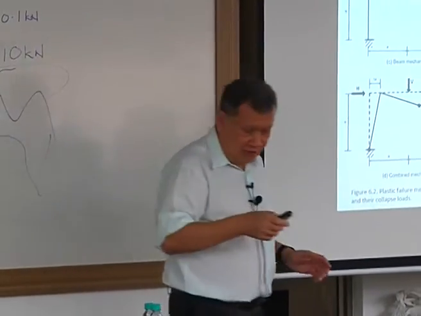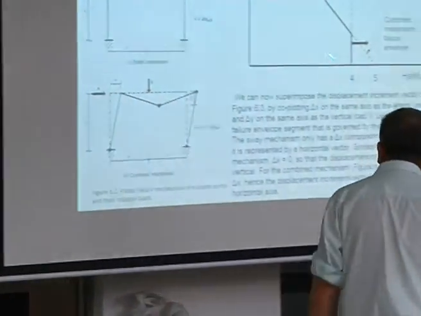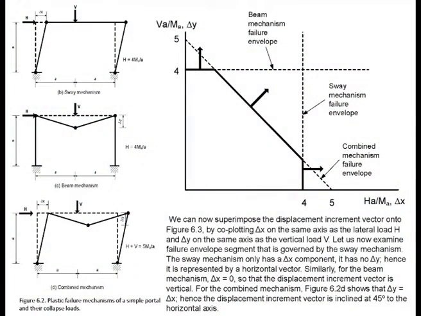interesting thing to note is this: the deformation vector is always perpendicular to the failure envelope. Do you see that? So in a sense, this guy is behaving like a potential. This thing is behaving like a potential, and this is the direction the guy is going to move.